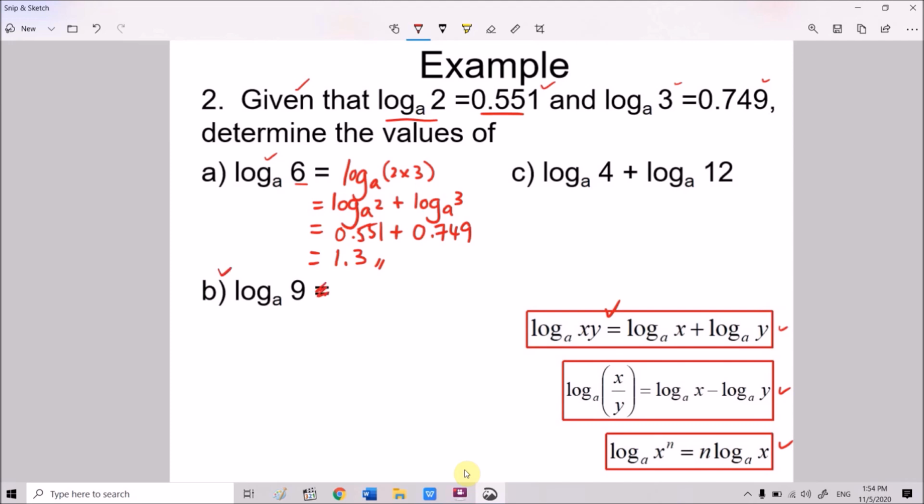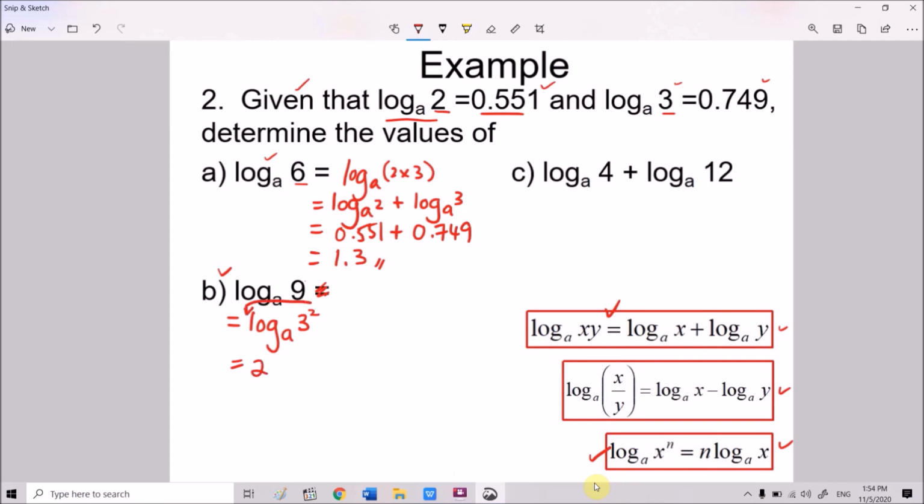We try question B. So I rewrite this here, log base a of 9. So since we only have a 2 and a 3 here, we need to use a combination of 2 and 3 to get 9. So actually it's quite obvious that 9 is 3 to the power of 2. And since we can use the power law here, we can bring the 2 to the front.